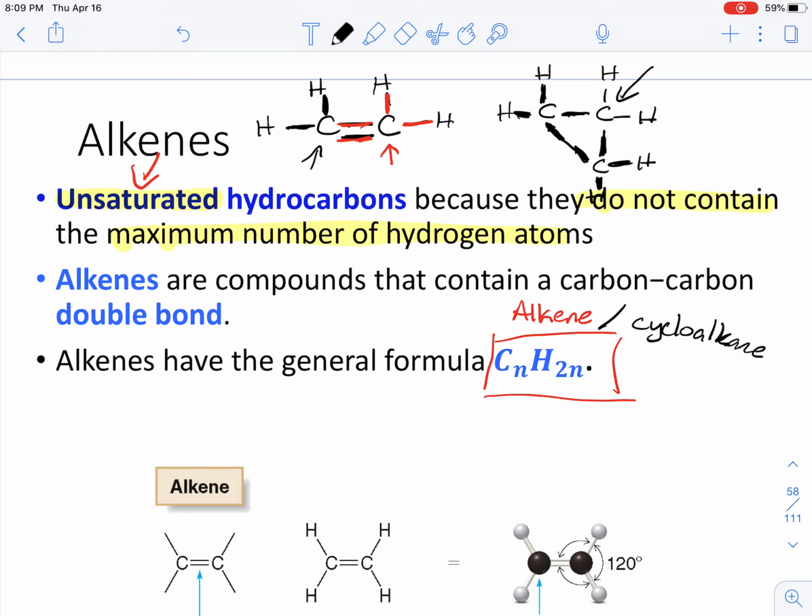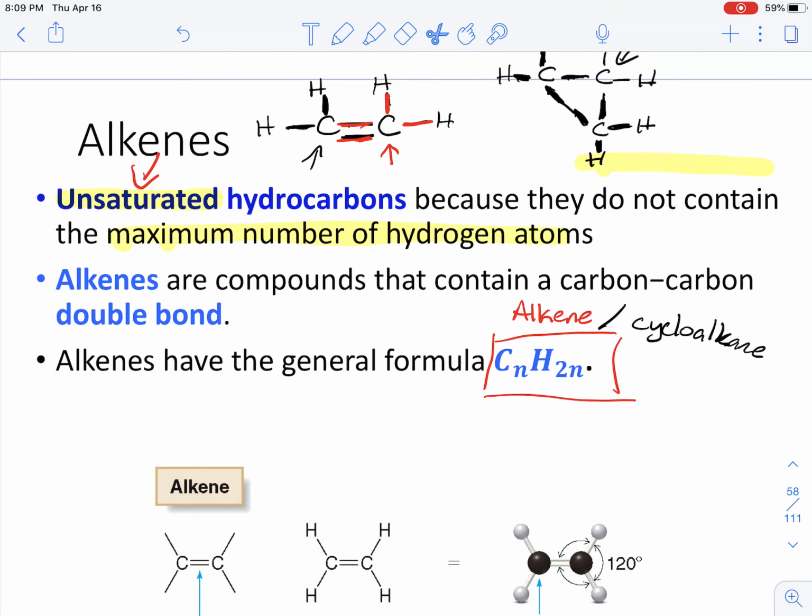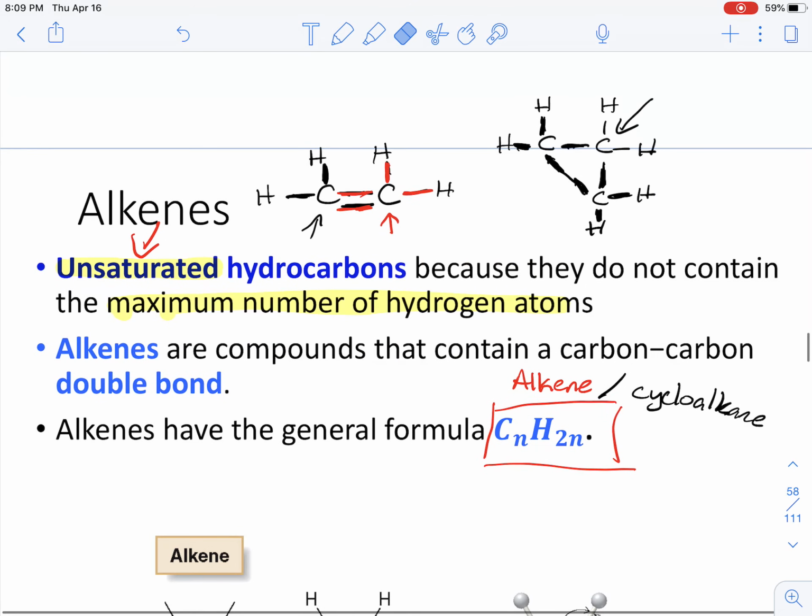And that also fulfills carbon's octet. Let me move this up so you can see that carbon that's just kind of hidden. Okay. And so since 2 hydrogens were removed to form either a double bond or a ring, it would make sense that both alkenes and cycloalkanes have the same general formula.